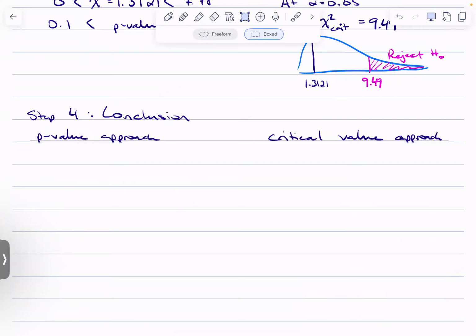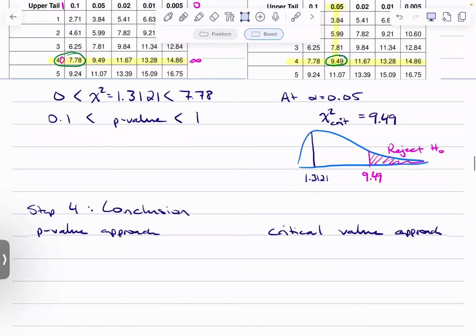Sorry. What happens if you got something super close, like 9.47? Then you use it as a hard and fast rule, but you'd also make a note of it, saying, "Hey, it was close to being significant," and it kind of depends on if the stakes are high, right?